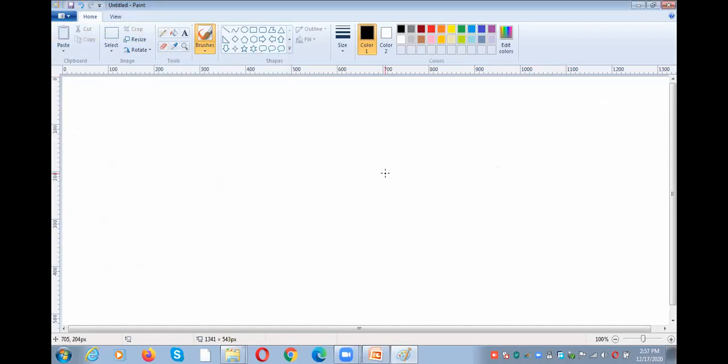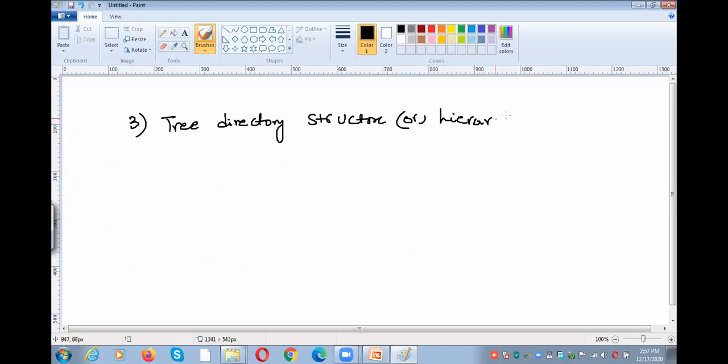So what is the third directory structure? Tree directory structure, or it is also called as hierarchical directory structure, right? So what is a tree directory structure?